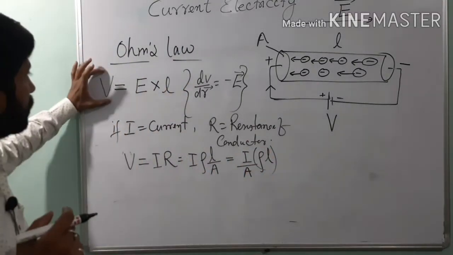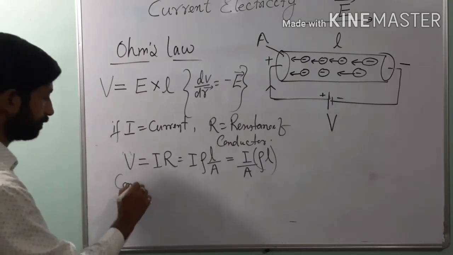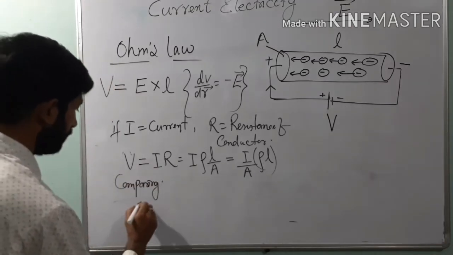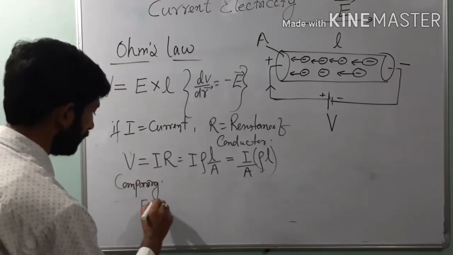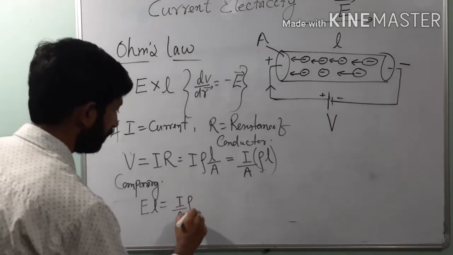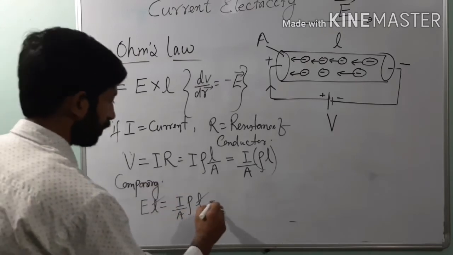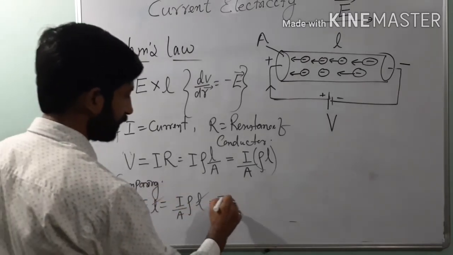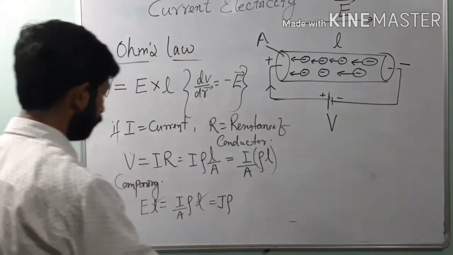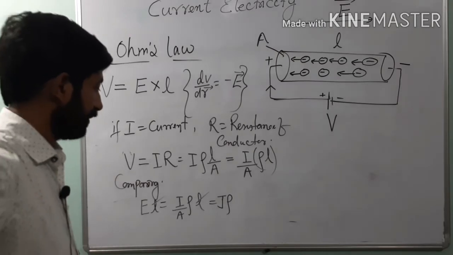So now this is potential and this is potential, comparing, what we get? E into L is equal to I over A, rho into L, L cancels L. I over A is what? Current density J into rho, correct?